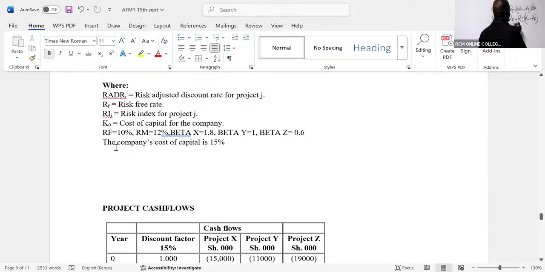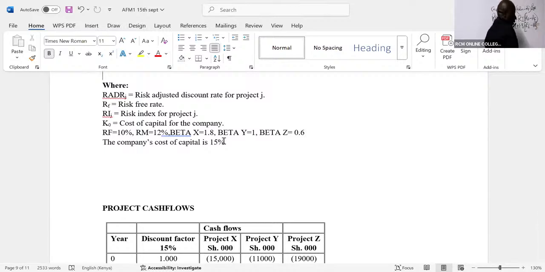So 10% plus the risk index, which is the same as beta for X. You can see beta for X here, it is 1.8. So 1.8 into the cost of capital of the company, given here as 15%, minus risk-free, which is 10%.